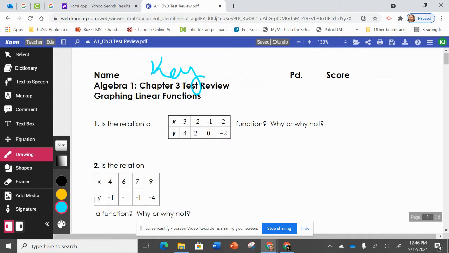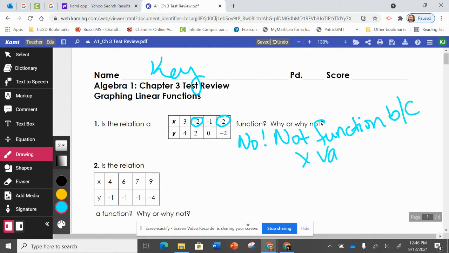Numbers 1 and 2 are talking about if these relations are a function or not. As I'm looking at number 1, I see a -2 and a -2 in the x's. And so, no, this is not a function because x values are repeated.